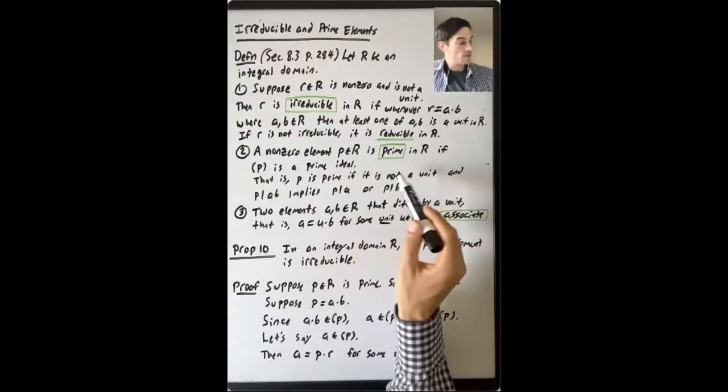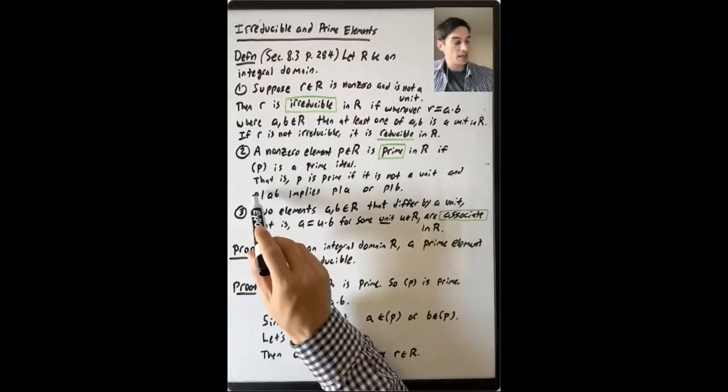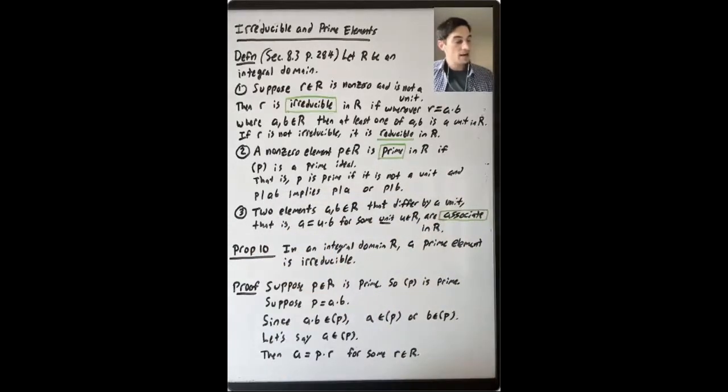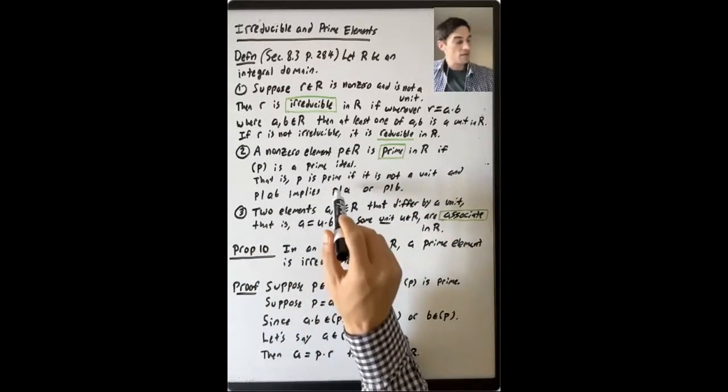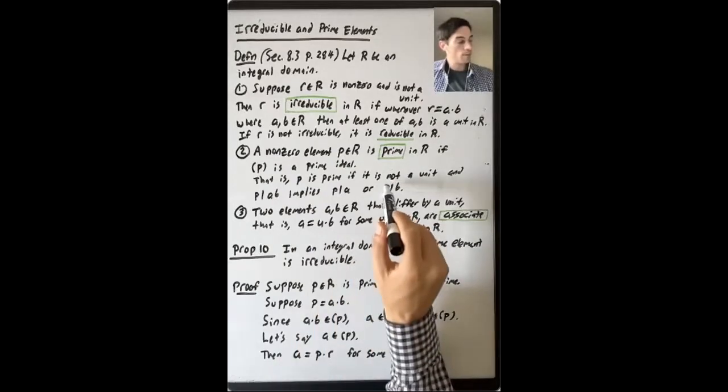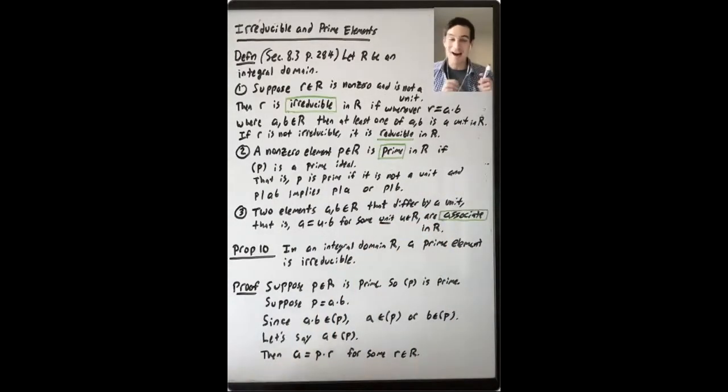So p is prime if it is not a unit, and if p divides ab, that means p divides a or p divides b. So now this matches up quite well with how you think of primes in the integers.